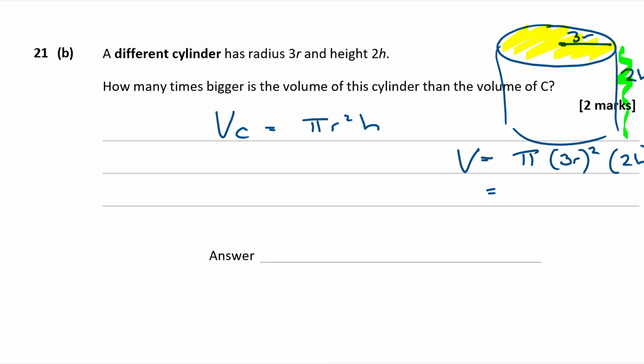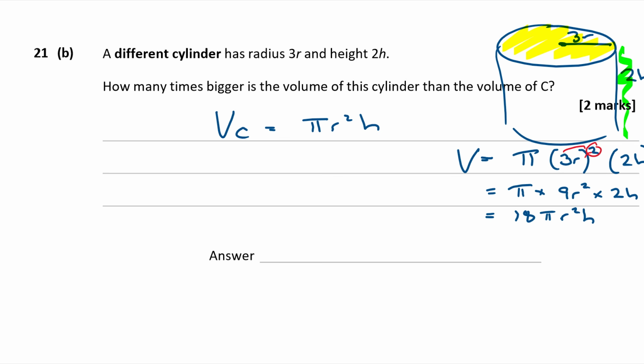Okay, so what's that then? Squaring that, 3r all squared is going to be, remember you have to square both things. I can't just square the r, I'm going to have to square the 3 as well. So that's going to give me pi times 9 r squared times 2h. And then collecting all the numbers at the front, 9 times 2 is 18. That's going to give me 18 pi r squared h.